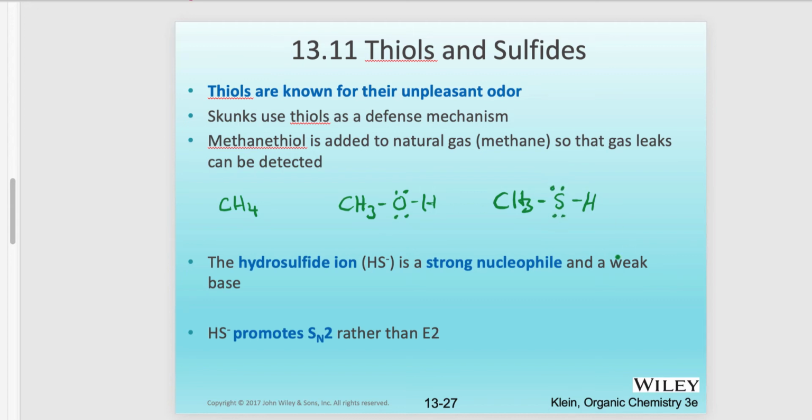Oxygen and sulfur compounds do like to be divalent, but sulfur can have more electrons, so we see other bonding patterns. Note that hydrogen sulfide ion, an anion, is a strong nucleophile and a weak base. So it can be utilized in lots of SN2 reactions, but we don't typically see an E2 reaction when that anion is present.